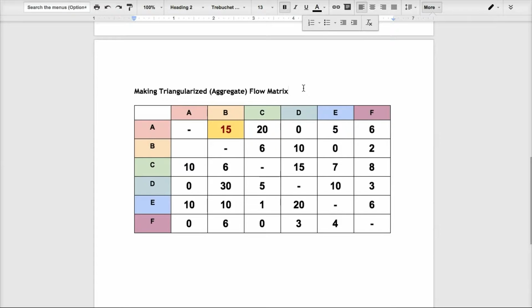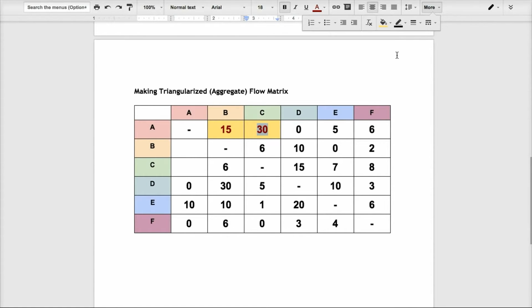In step 6, according to the model, there is the flow matrix. We can observe the matrix and the other numbers, called A and F. In the numbers of the matrix, the linear arrangement consists of making a triangulated flow matrix.